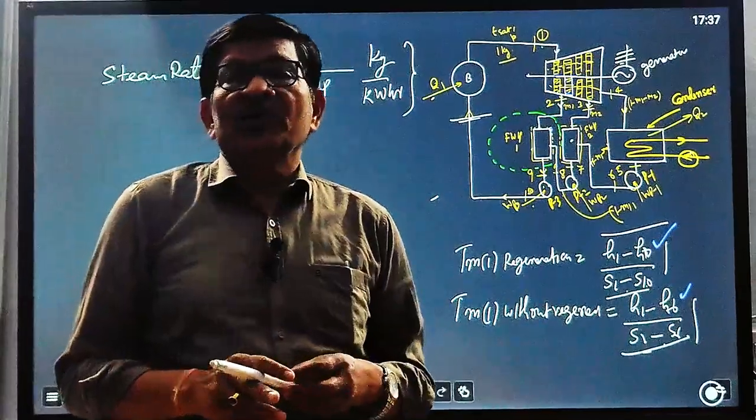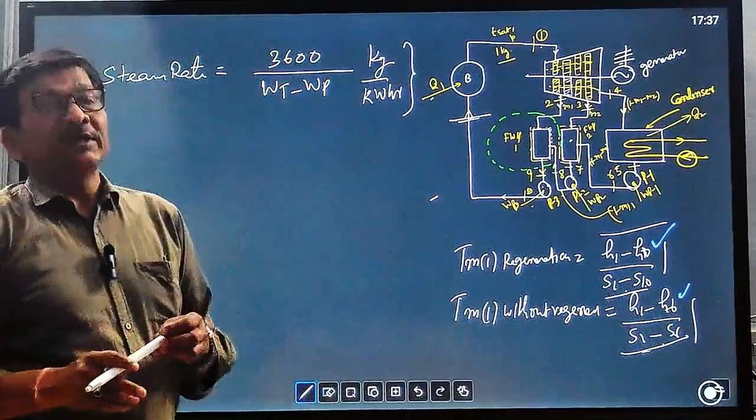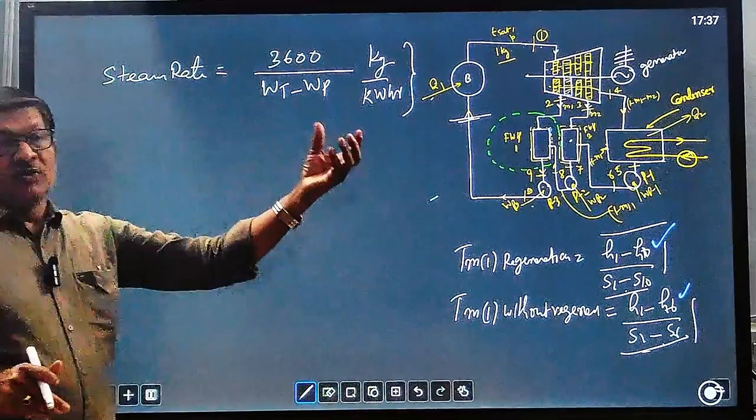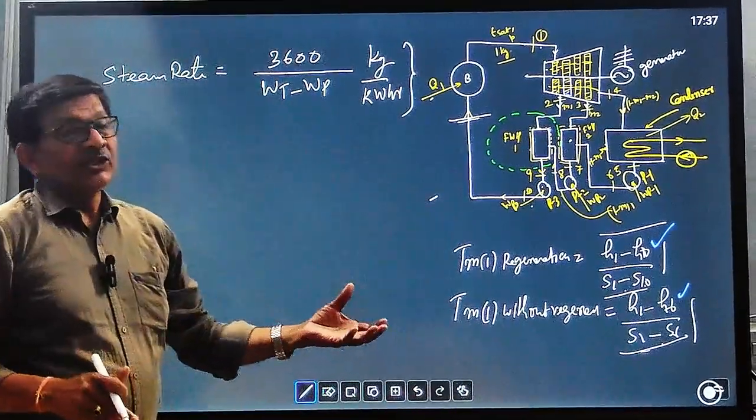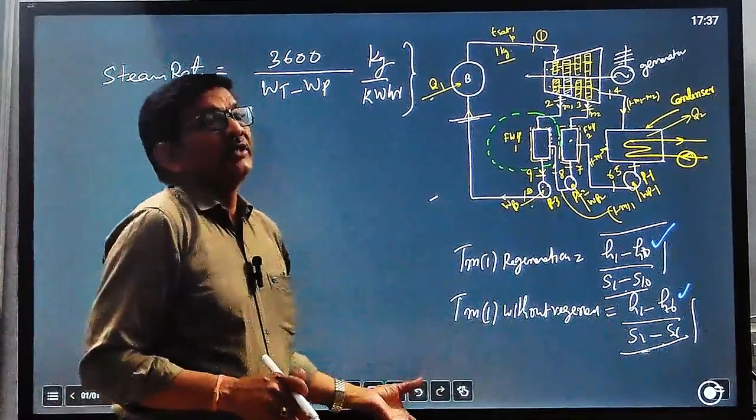And I think the regenerative method is more efficient compared to the reheat cycle because this one is a more easier way to increase the mean temperature.